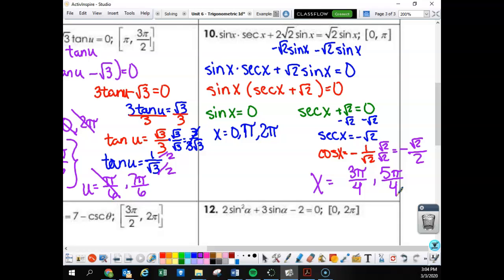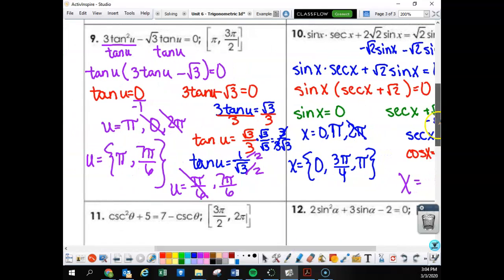So from 0 to pi, what are my solutions? 0 to pi is the top half, so x is going to include 0, 3 pi over 4, and pi. So 2 pi is not included, 3 pi over 4 is, 5 pi over 4 is not. So I have 3 solutions there.